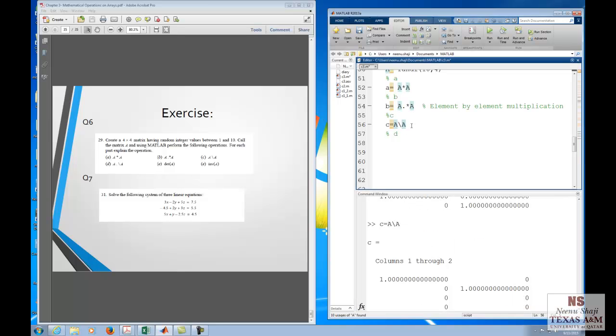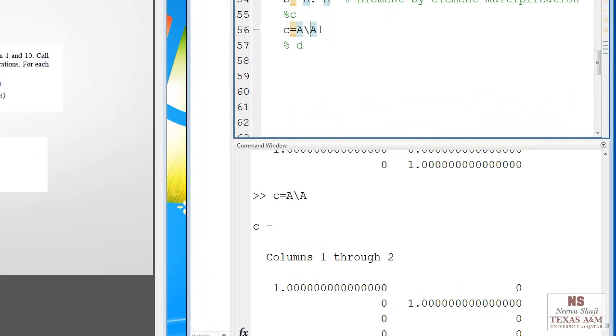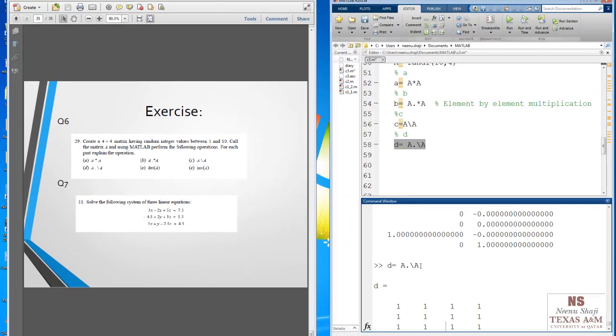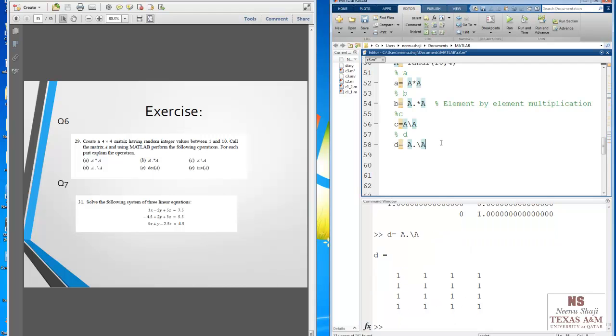Because A left division A is equivalent to inverse of A multiplied with A. Part D, A dot left division A. So every element in A is divided with the other element in A itself. You get all ones.